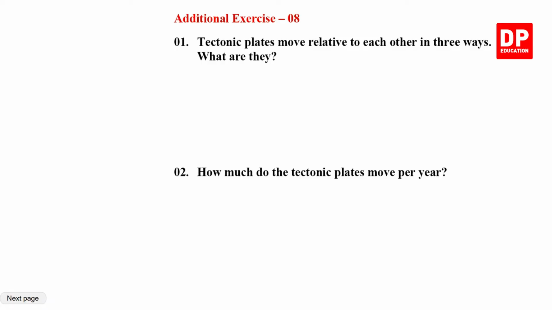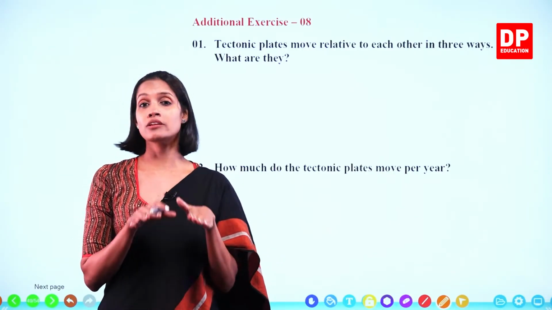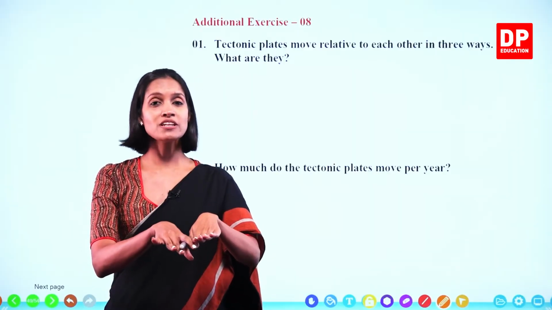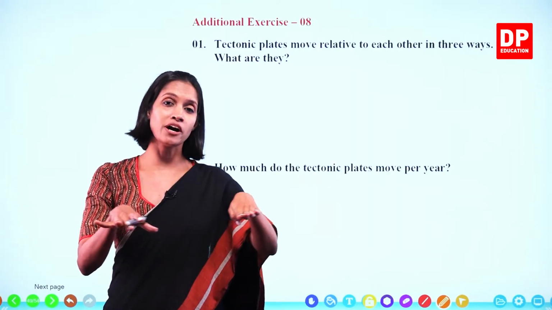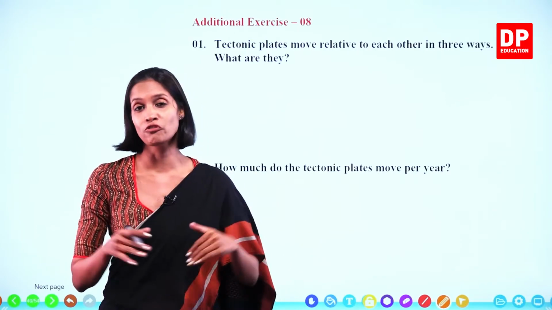Tectonic plates move relative to each other in 3 ways. What are they? Do you all remember? Two plates move relative to each other. The first method: the 2 tectonic plates move apart, away from each other. This is known as divergent movement.